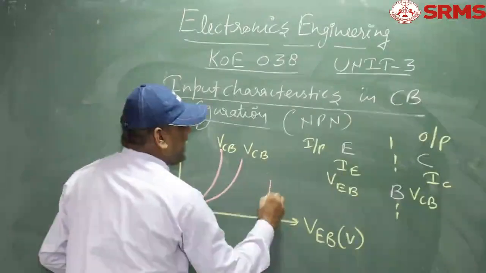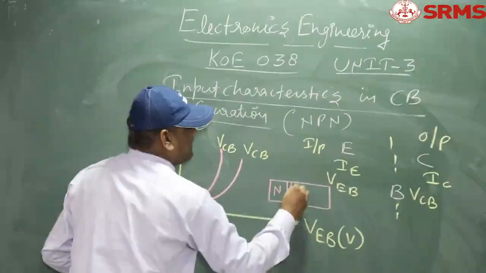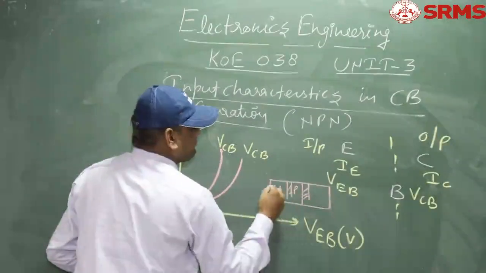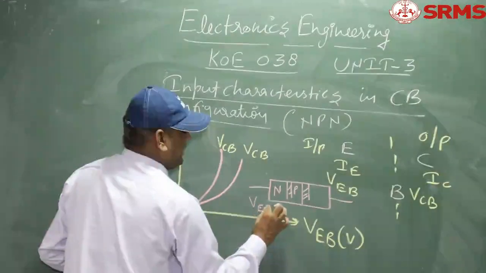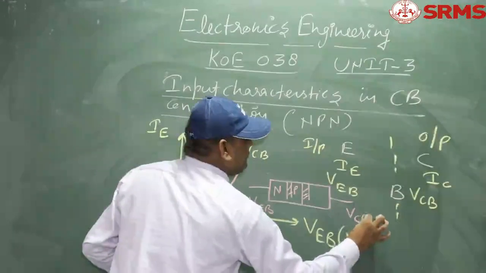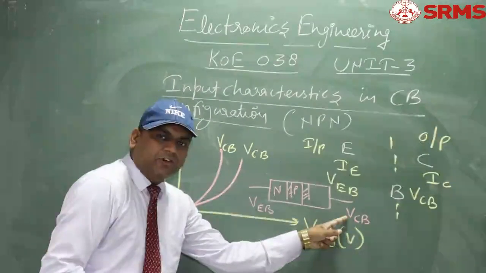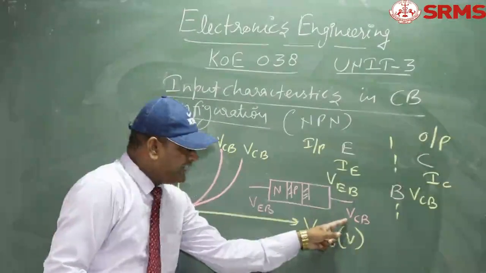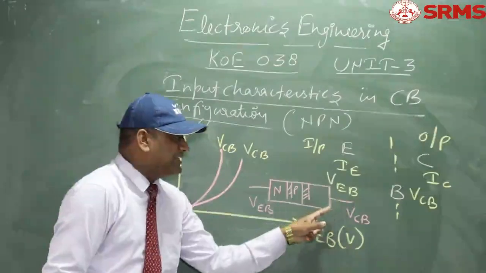So now let us assume this is your NPN transistor, this is depletion width, this is VEB, and that voltage VCB. So if you will increase the reverse bias voltage, VCB is your reverse bias. Emitter base junction is forward bias, collector base junction is reverse bias.